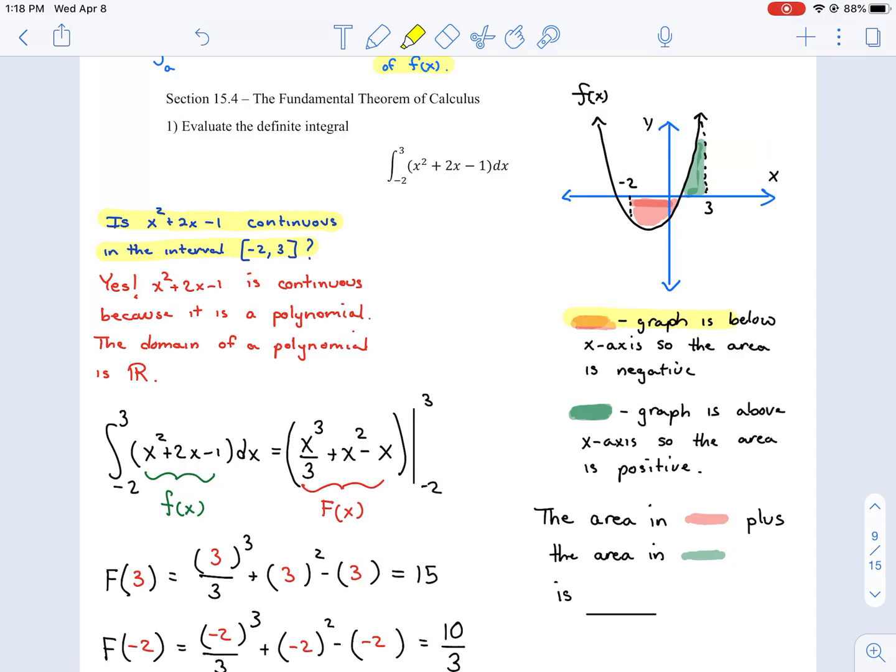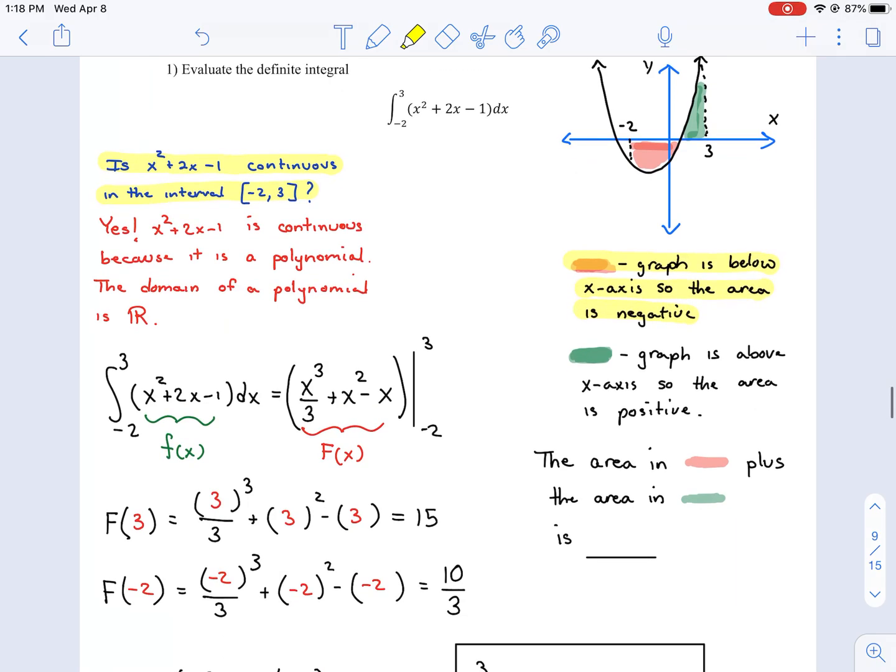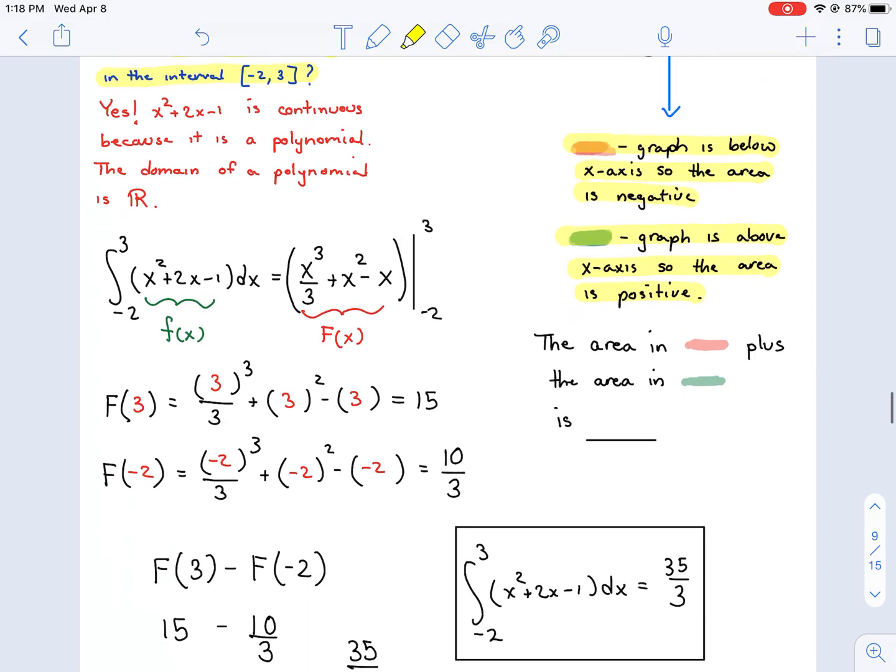So the shading in red, the graph is below the x-axis, so the area is negative. The green shade, the graph is above the x-axis, so the area is positive. So the area shaded in red plus the area shaded in green is going to be the number that you found when you evaluated the definite integral.